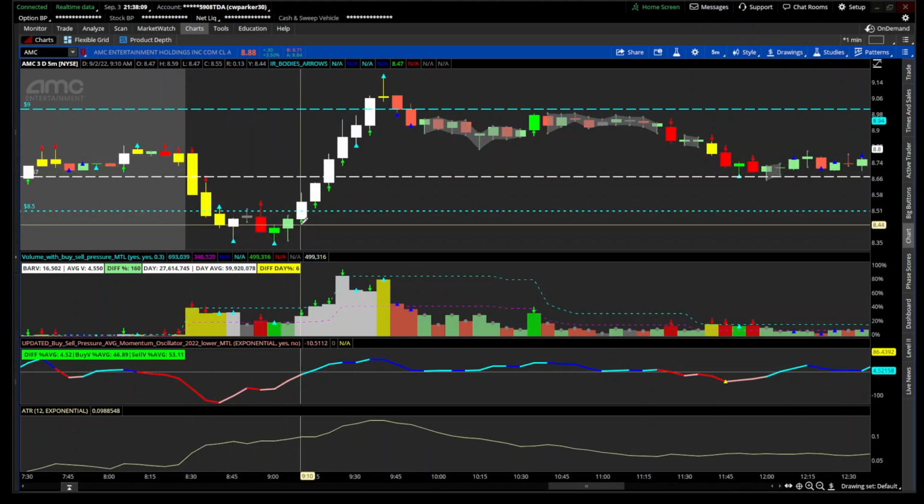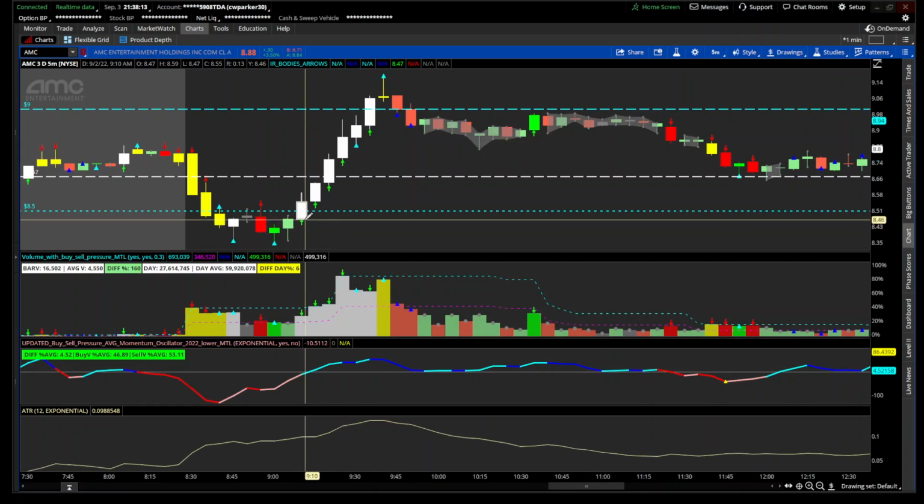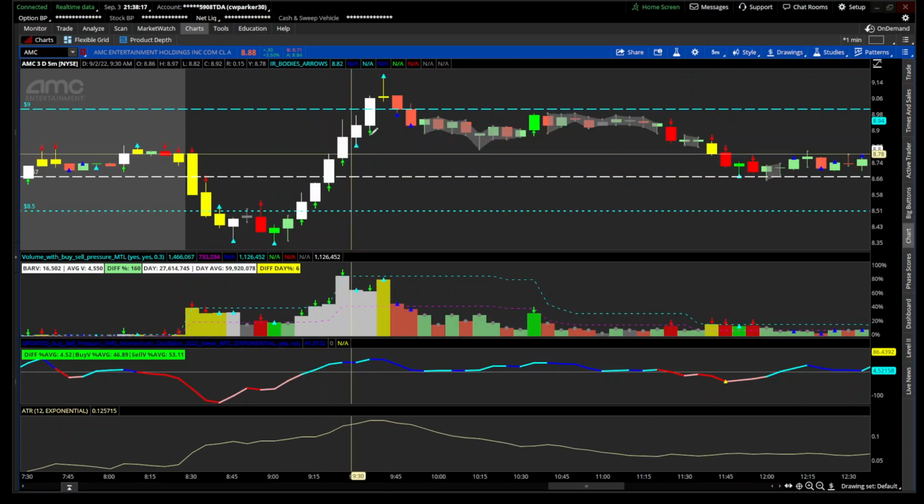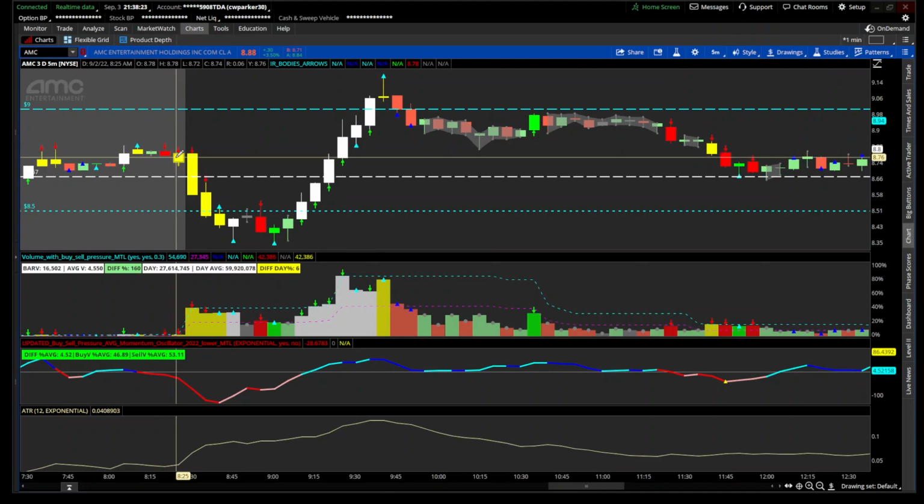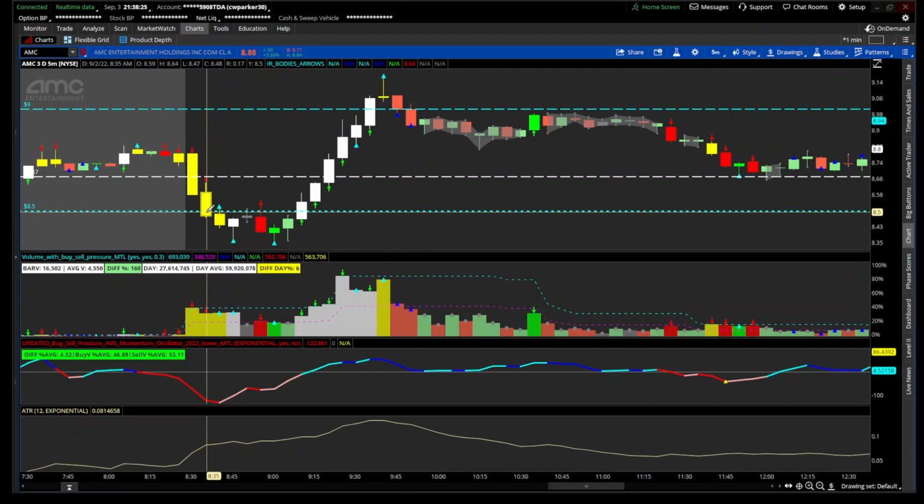They're going together because as volume is expanding, those ranges are expanding as well to the upside. And you can look right here, as volume is expanding, the ranges are expanding as well to the downside. On those triangles, these irregular bodies really just show you divergences. This is small candle, big volume.